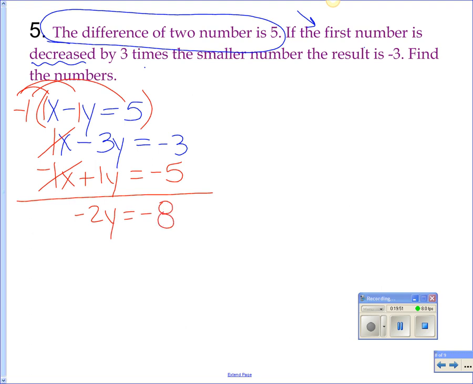And Tamara, what do you do next? Divide. And Andrew, what do you get? y equals 4. Okay? All right, let's see. Haley, help me plug it back in. What would I write?